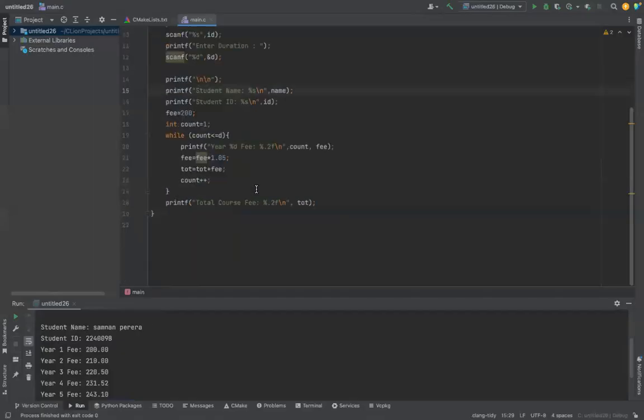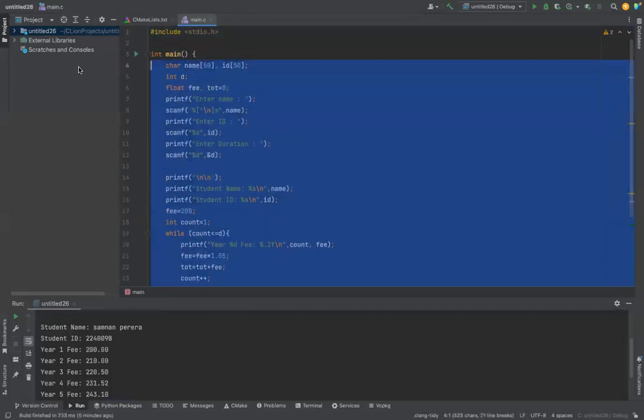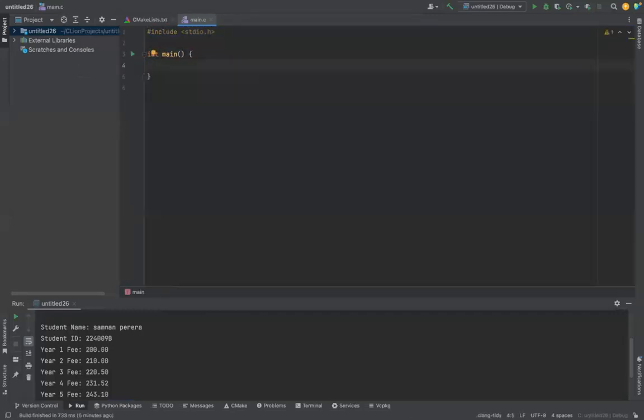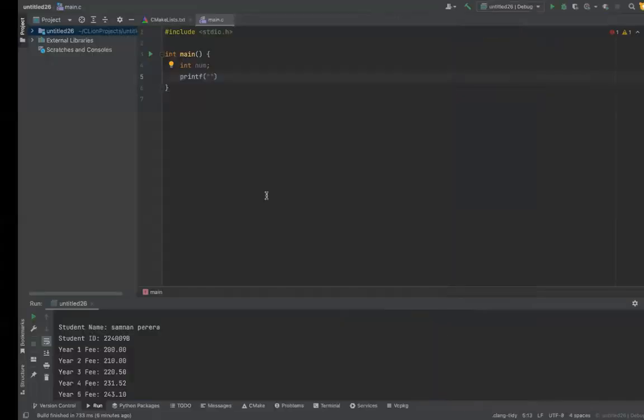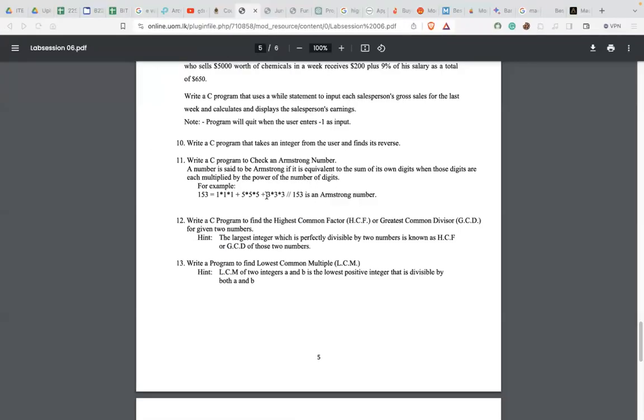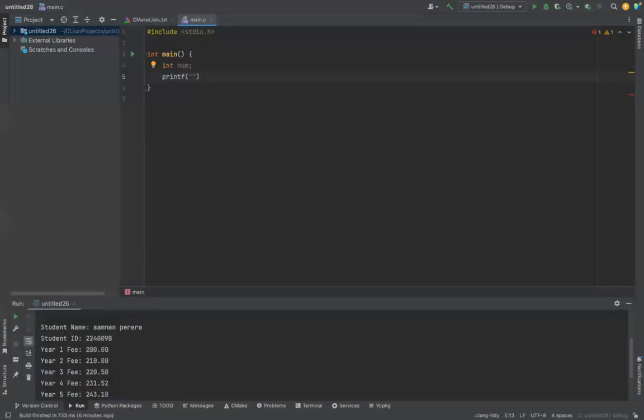So first ask the user to enter a variable, let's say int number, and printf, let's say enter. You know that to get the Armstrong number, it should be a positive number. The negative numbers we can also take, but ask the user to enter a positive integer.